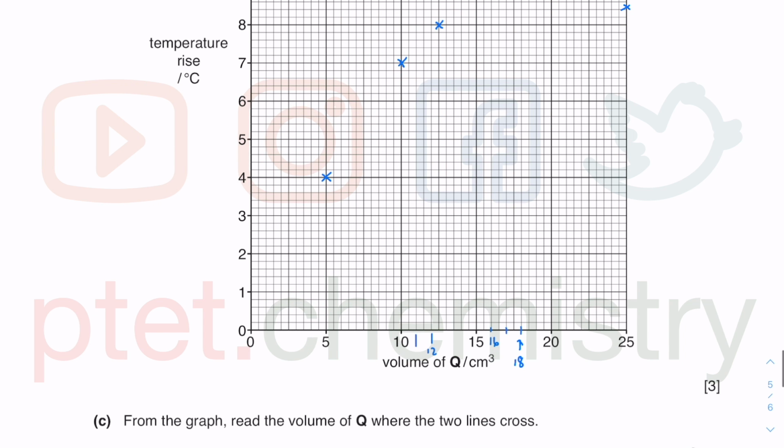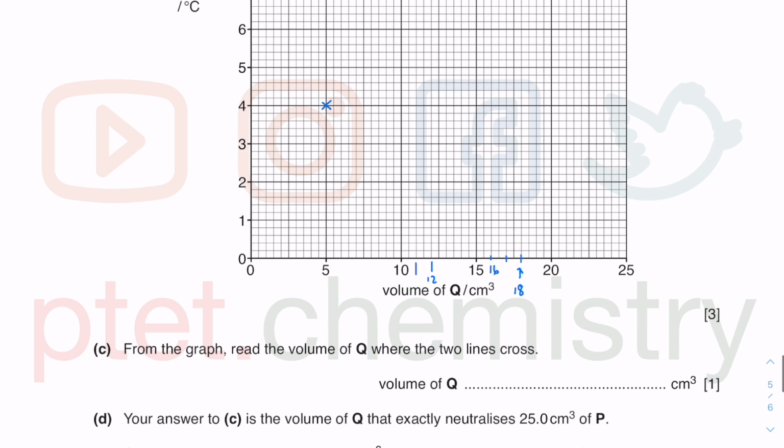When there is no Q added, it will start from 0. You've got to explain why. No Q added means no neutralization. If you don't have any neutralization, you don't bring about any heat transfer, any heat change, and therefore there is no change in temperature.